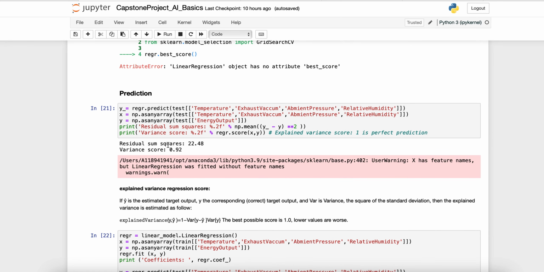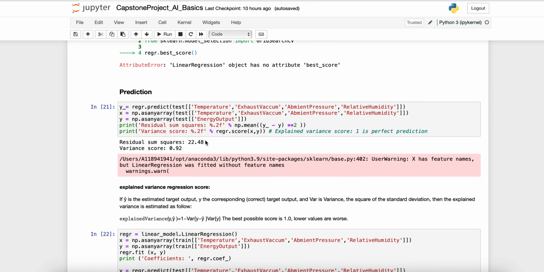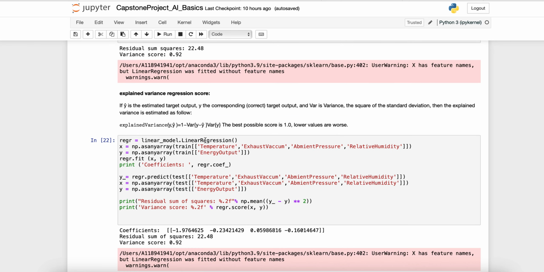And when I print the R squared, it is 0.92, which is good. Residual sum of squares is 22.48. This is what I have seen after building the model. I am printing everything in one section here.